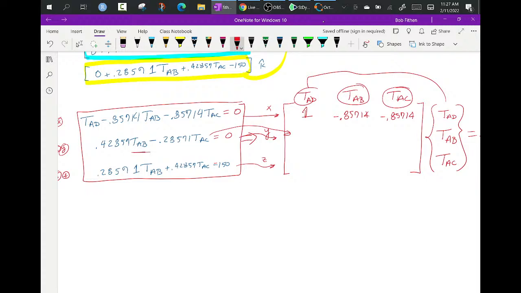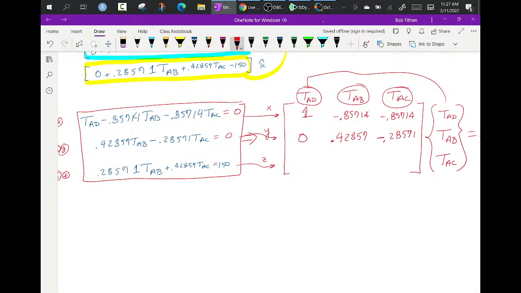Coefficient of TAD is non-existent. It's 0. There's no TAD in this equation. Coefficient of TAB, 0.42857. Coefficient of TAC, minus 0.28571.